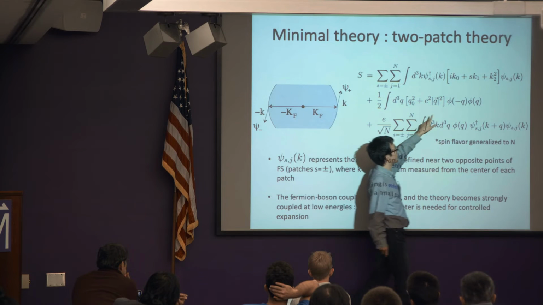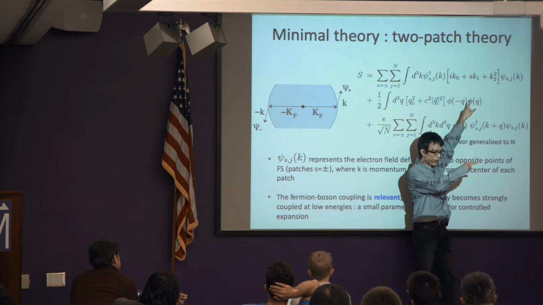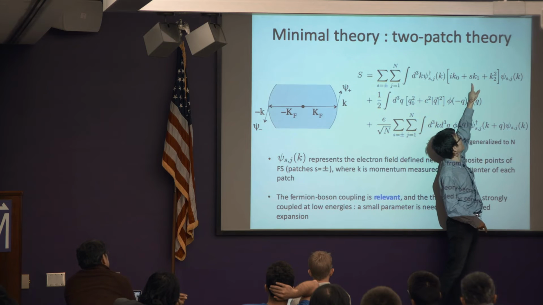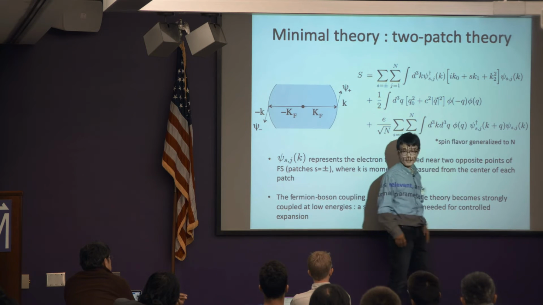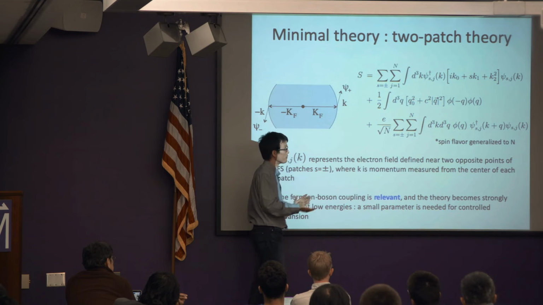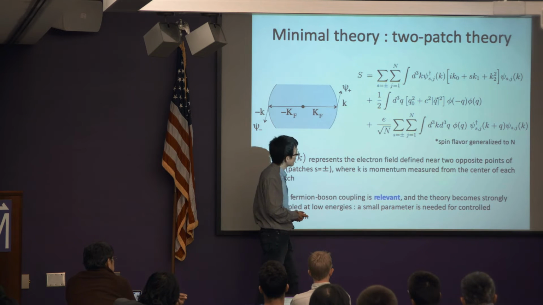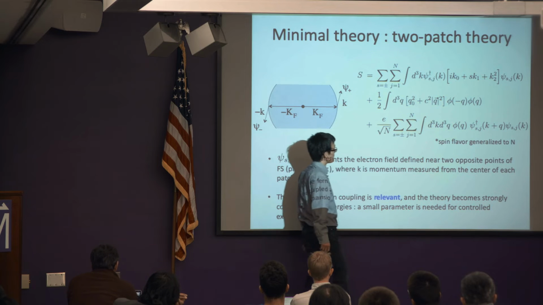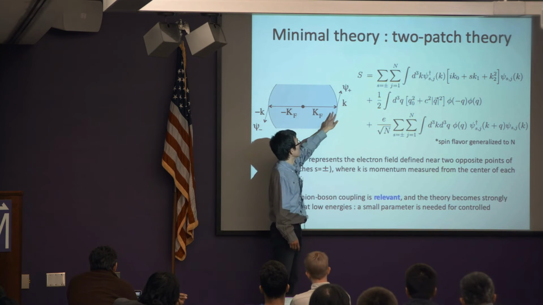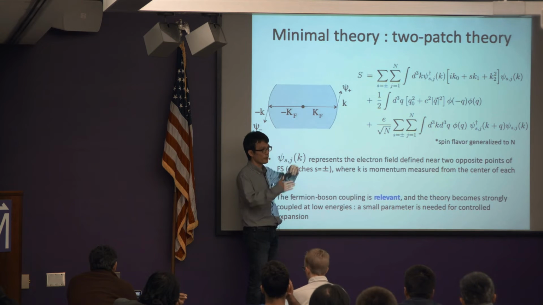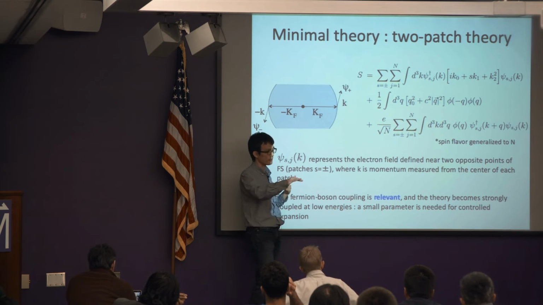Locally, in the perpendicular direction, the energy increases linearly, and in the vertical direction, it increases quadratically. That's the local shape of the Fermi surface. And then everything else is pretty much similar. Here, s equals plus or minus represents these two patches, okay? The sign of the Fermi velocity in, say, the x direction.